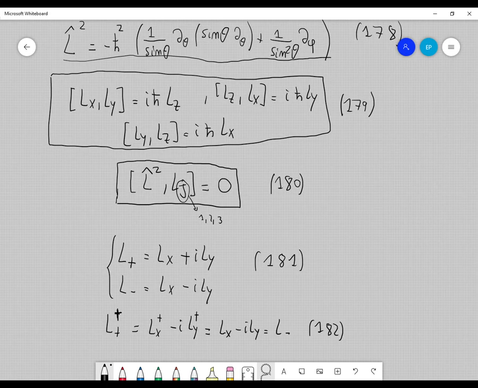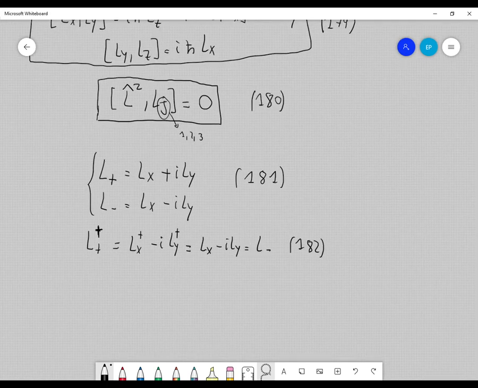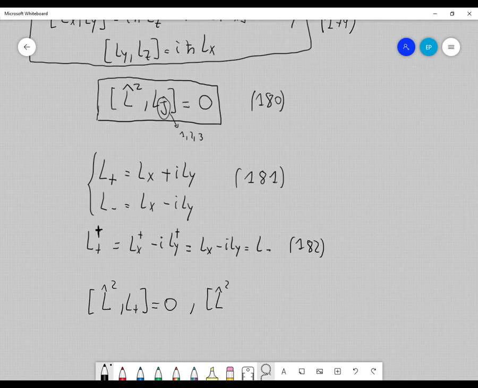This is something important to notice. Now from 180 and 181, you can derive that the commutator between L squared and L plus is equal to 0, and the commutator between L squared and L minus is also equal to 0. Okay, so this is 183.